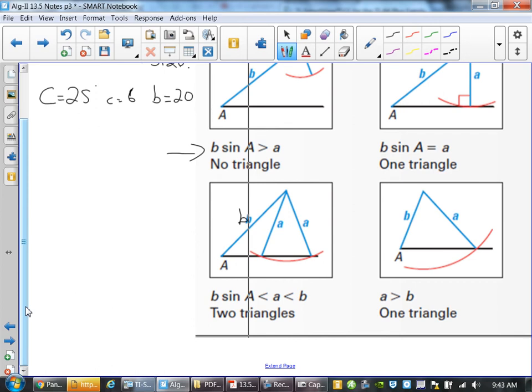If I check it into these scenarios by just taking the side, this is always going to be the other side, which stands for b, other side. Little a is side opposite. And this is your given angle.